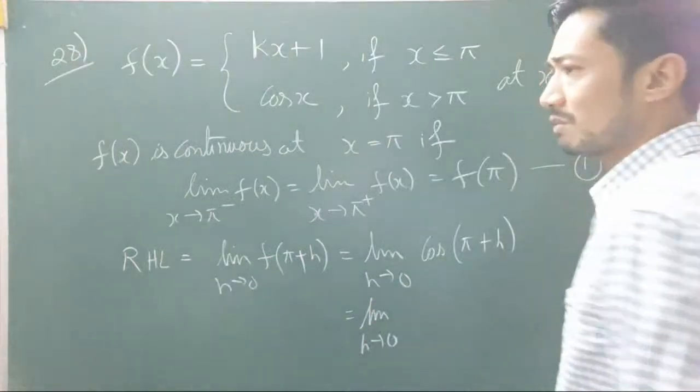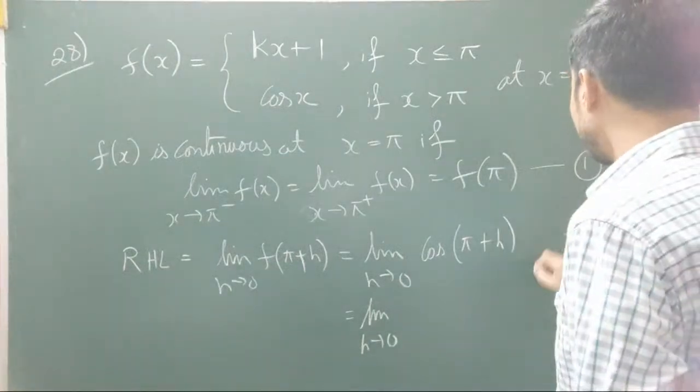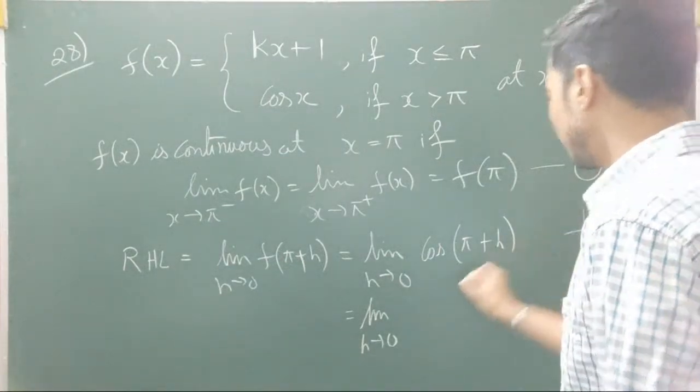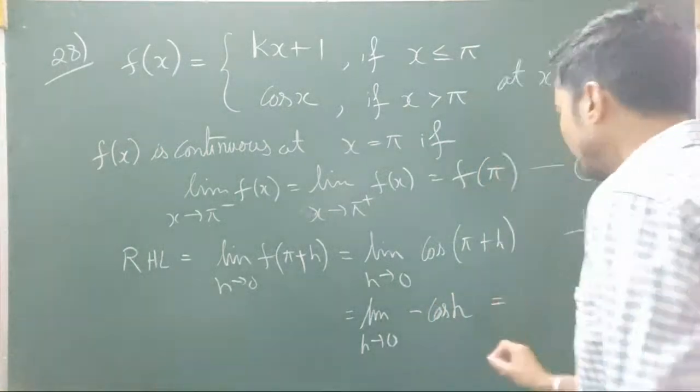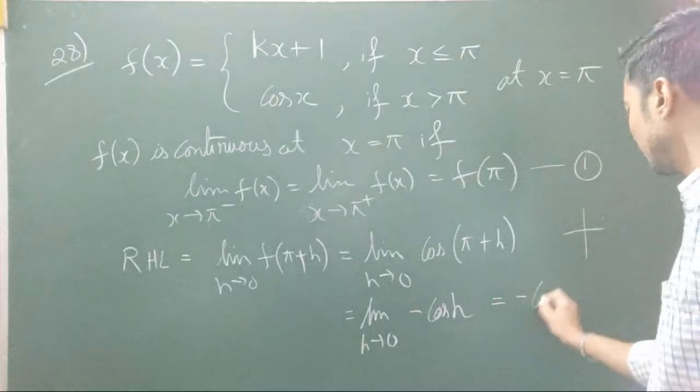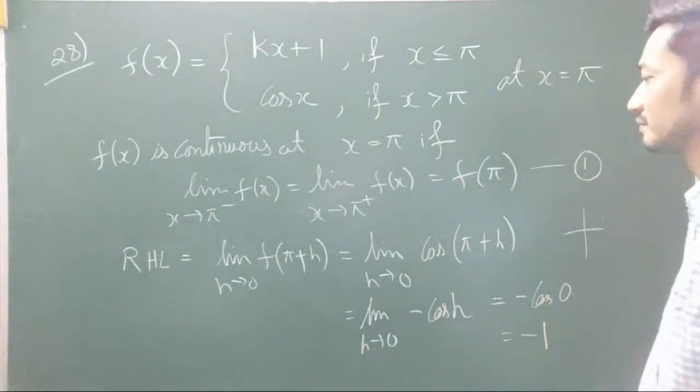What is the value of cos(pi plus h)? That goes in the third quadrant, so it is minus cos h. Anyway, this is simply minus cos 0. So that is again minus 1.